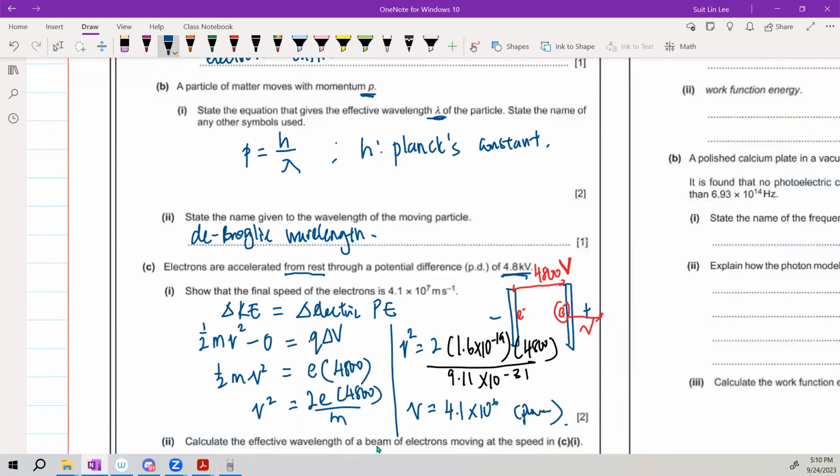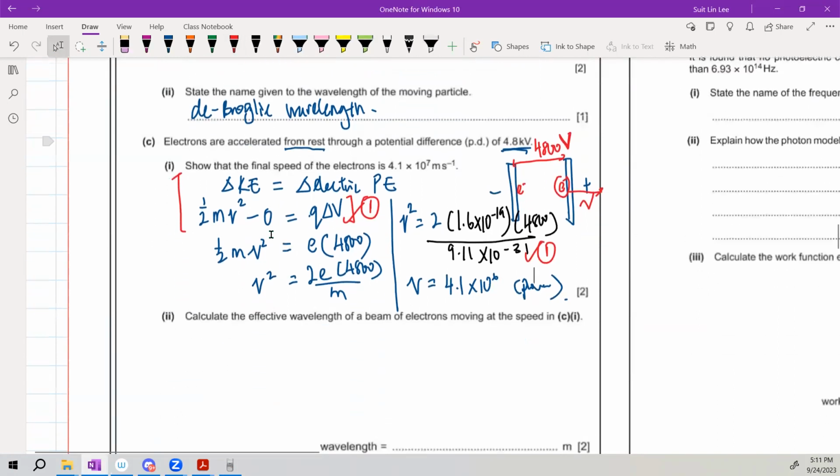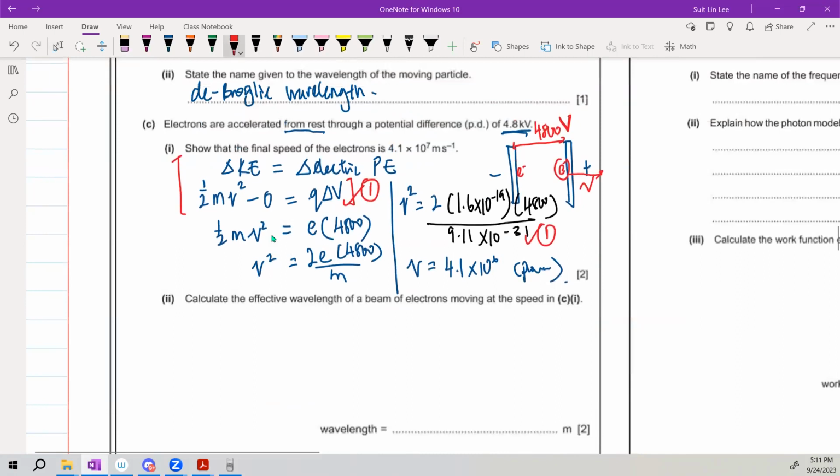Prove it. Okay, so if I see some conservation of energy, especially the equation, this part here, you get 1 mark. Then you substitute everything correctly in here, then you get the second mark. Okay, next, calculate the effective wavelength. Just use the equation now. p is h over lambda, but mv is h over lambda.